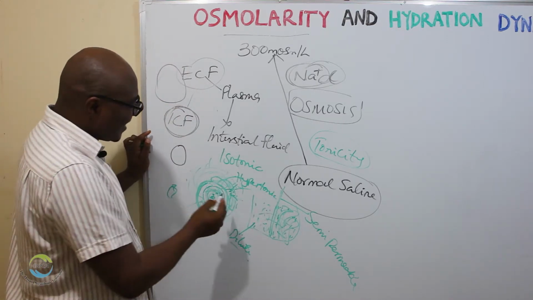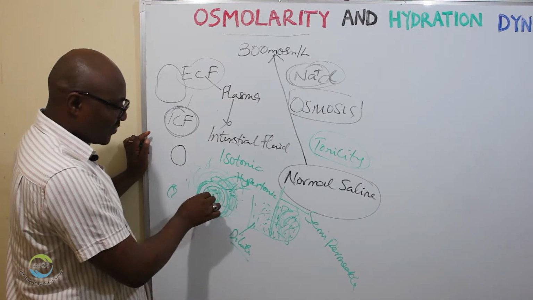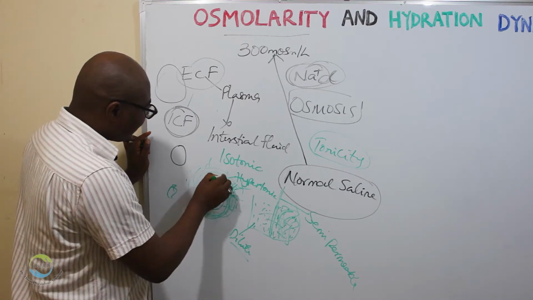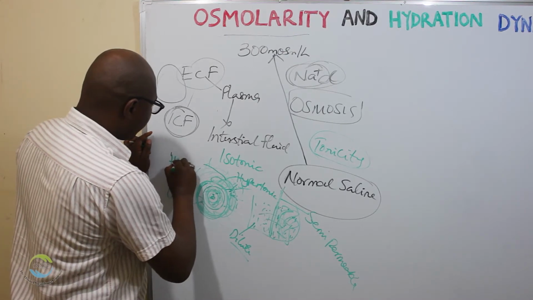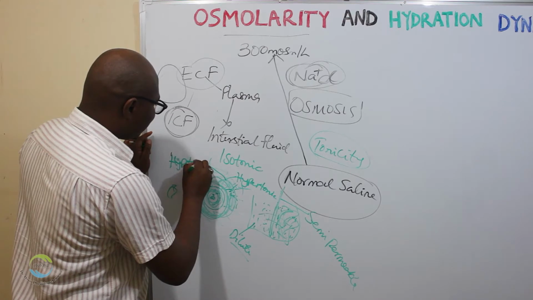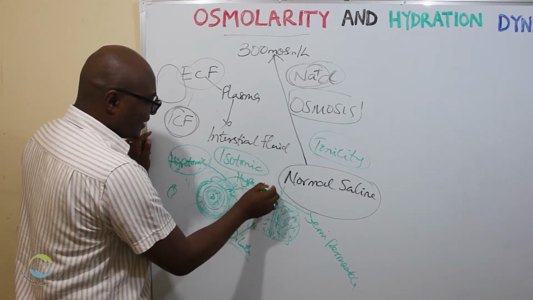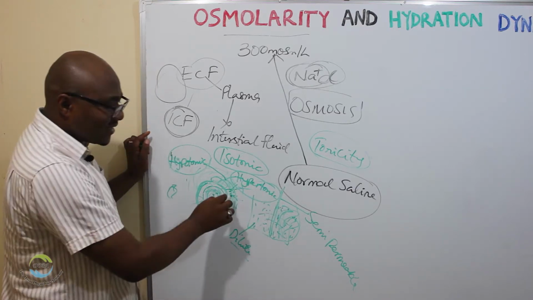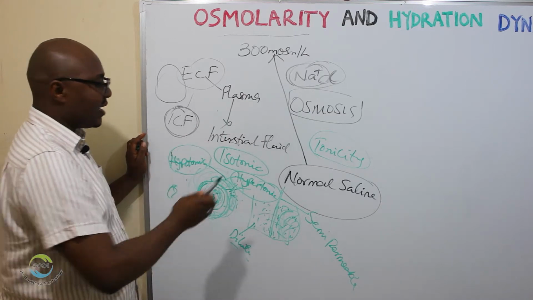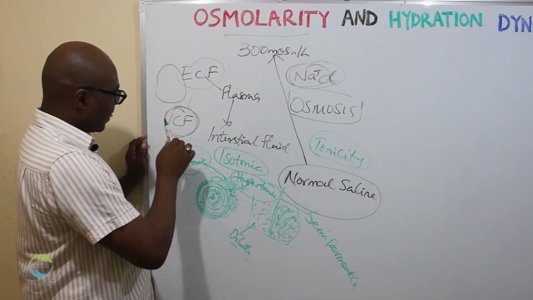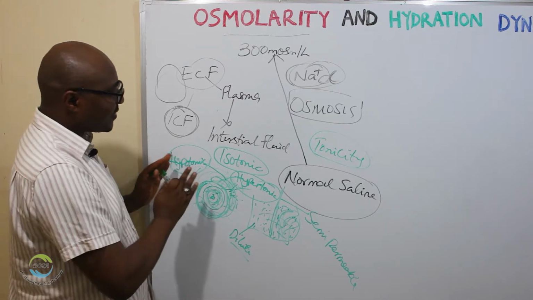Then lastly, if the osmolarity of the ECF is lower than what is in the ICF, we say that it is hypotonic. So there are three different states that the ECF can be. It will either be isotonic, which is the same, hypertonic, higher, or hypotonic, lower. Okay? So let's keep that at the back of our mind.